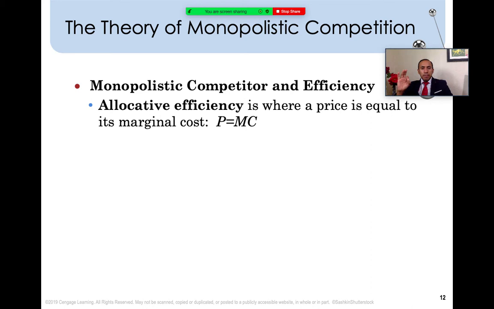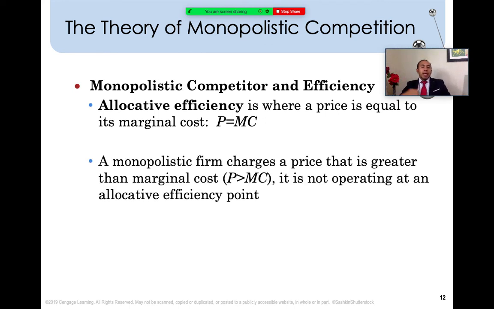Allocative efficiency is where the firm produces a particular output where the price of the good or service is equivalent to the marginal cost. That will be very similar to perfect competition. Allocative efficiency for a monopolistic competitor means that the firm chooses to operate where the price is equivalent to the marginal cost of production.